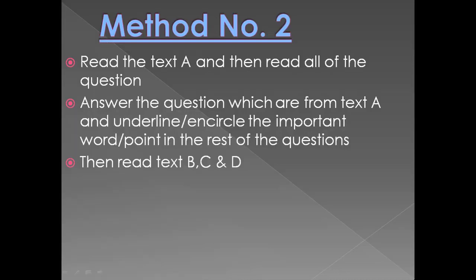So the second method is this: if you want to start reading with the text, I will suggest that you read text A and then read all of the questions.